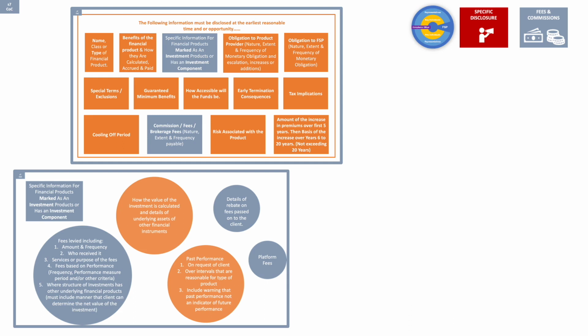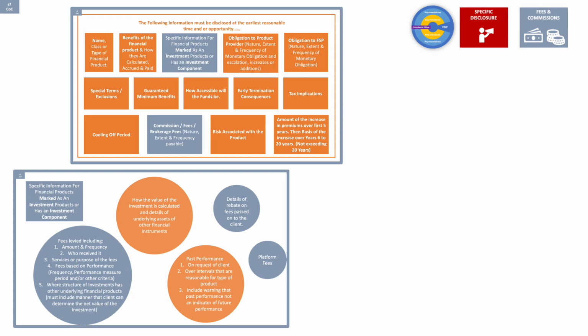1. The amount and frequency. 2. Who receives it? 3. Services or purpose of the fees. 4. Fees based on performance, frequency, performance measure period, and or other criteria. 5.